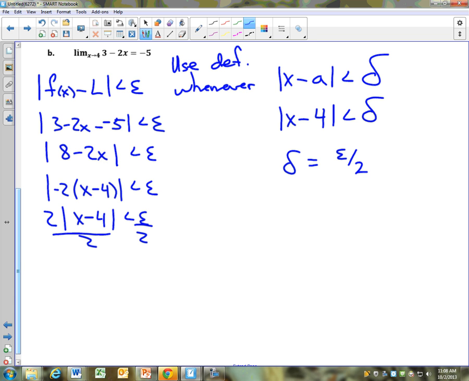I'm now going to make a couple statements that I'll use in the future. Can somebody name one statement that I'll use in the future? 2 delta is equal to epsilon. That's something that will be important. Very good. And 2 times the absolute value of x minus 4 is going to be less than 2 delta.